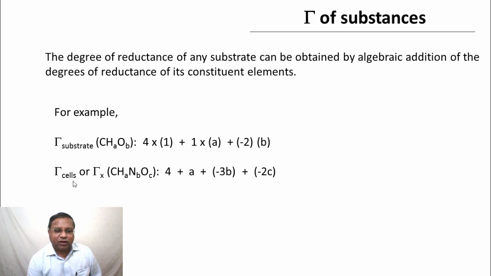So the degree of reductance of cells, or gamma X, would be 4 into 1 for carbon plus 1 into A for hydrogen plus -3 for N into B, and plus -2 for O into C. So this would be the degree of reductance of the cells.